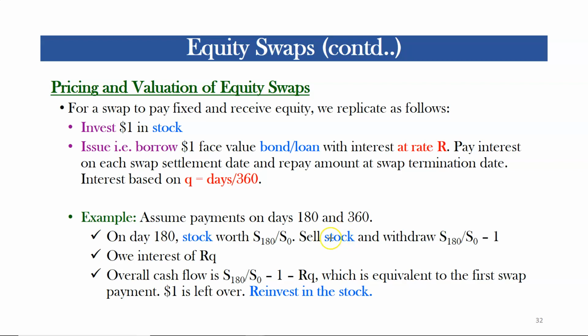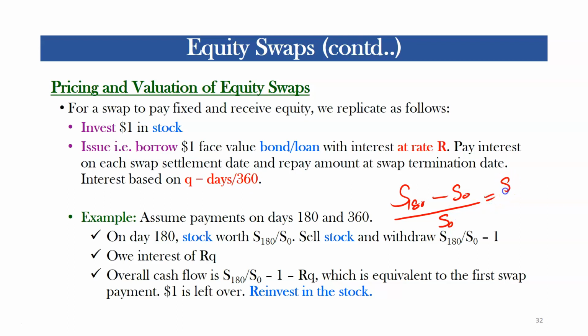So we sell the stock at the stock price on day 180 and receive the return on the stock. We can write this as the stock price on day 180 minus the stock price at which we purchased it at the start, divided by the stock price at the time of purchase. This gives us the stock return for the first 180 days.